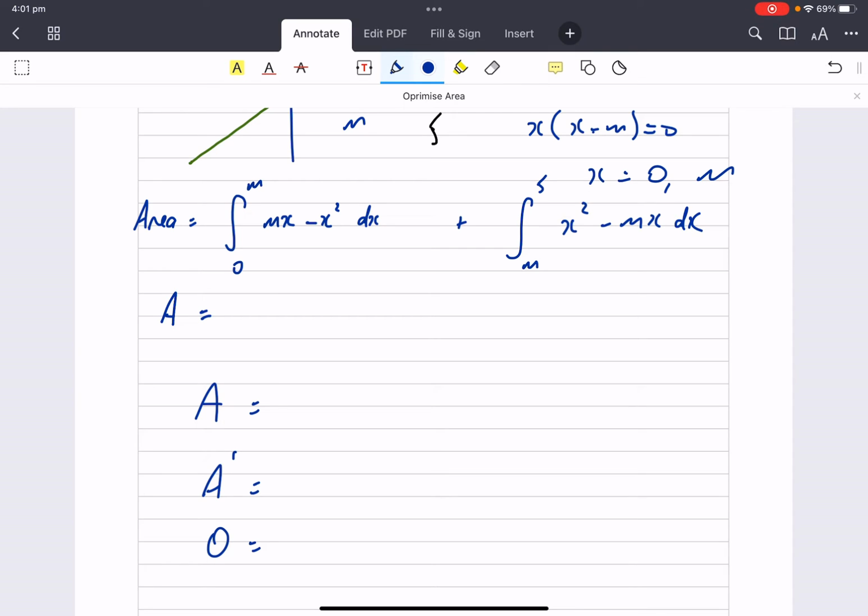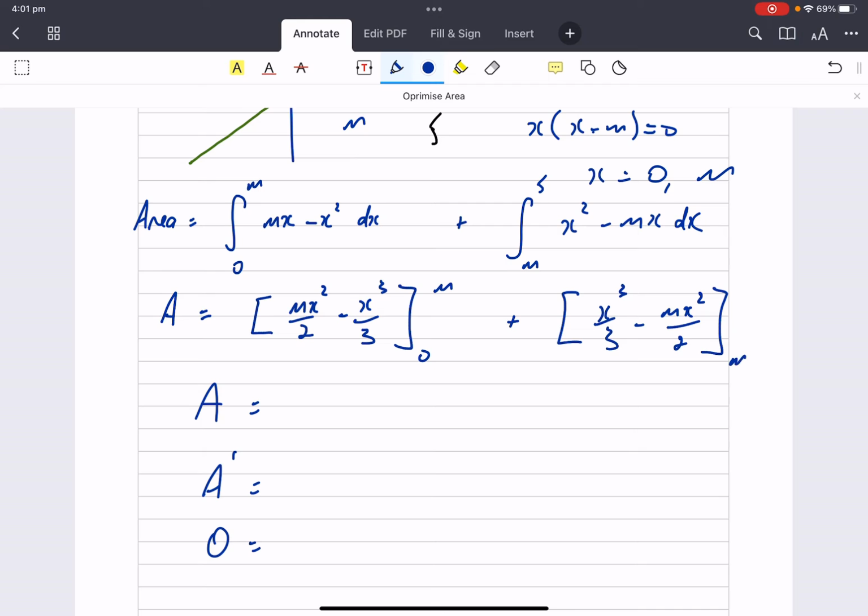Okay. That's going to be mx squared on 2 minus x cubed on 3, 0 to m, x cubed on 3 minus m from m to 5. Clearly I haven't given myself enough room there, so let's just keep going.